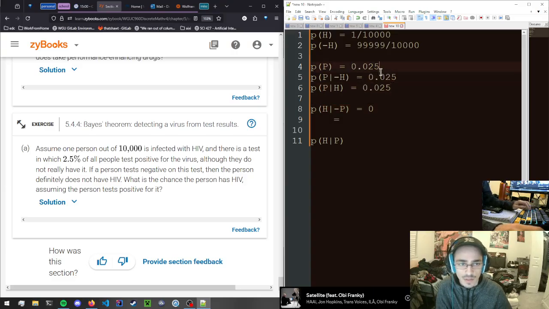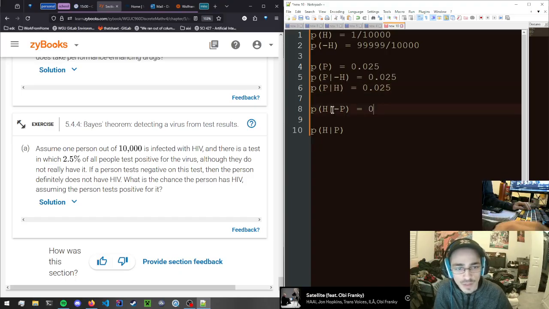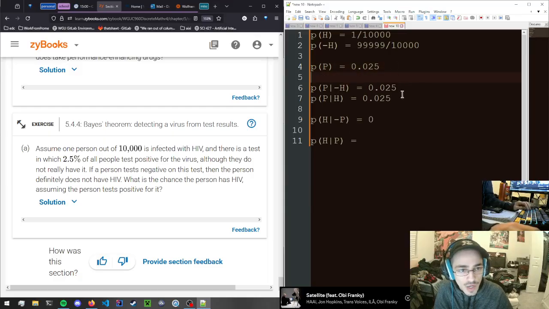So this is the probability then, right? It doesn't matter what you condition it on, it just always is this much. And for some reason this is 0, but that doesn't help us much. So this is enough to do Bayes' theorem.